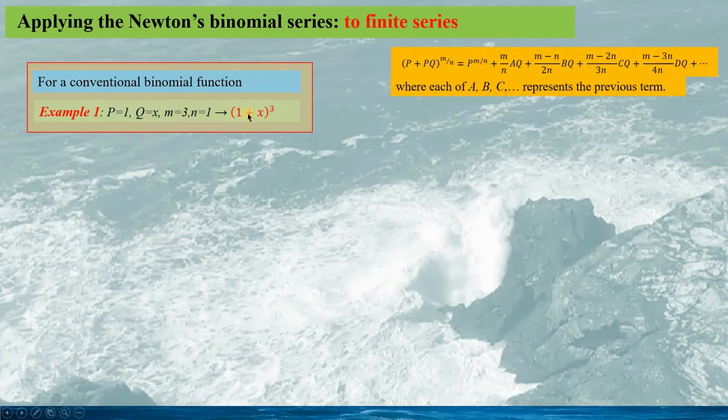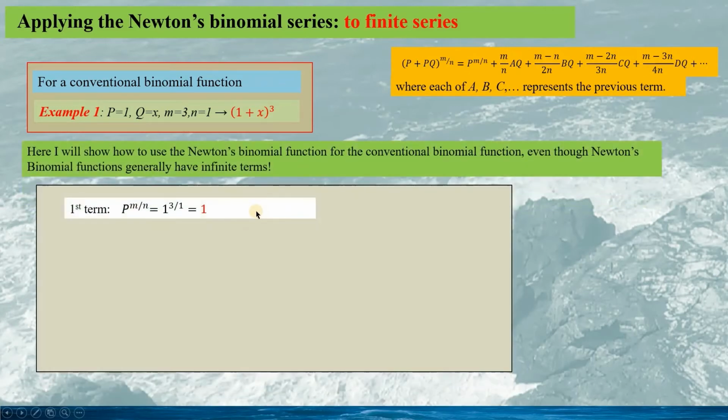So we have the binomial function as this. Using the Newton's binomial function, the first term we calculate as this. It is 1. So we can obtain a equaling 1.